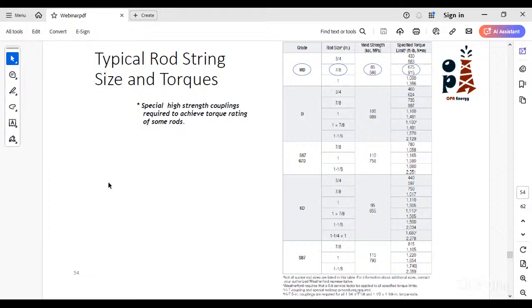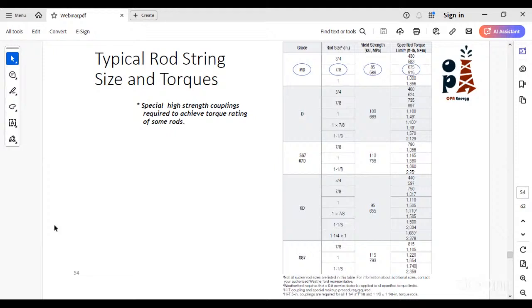So we need to calculate the torque that we have in our system, and we need to calculate also the effective stress by combining the axial loads and torque stress together in one equation to get the effective stress, comparing it to the yield strength that this rod can withstand, and then decide if this rod fits your application or not.